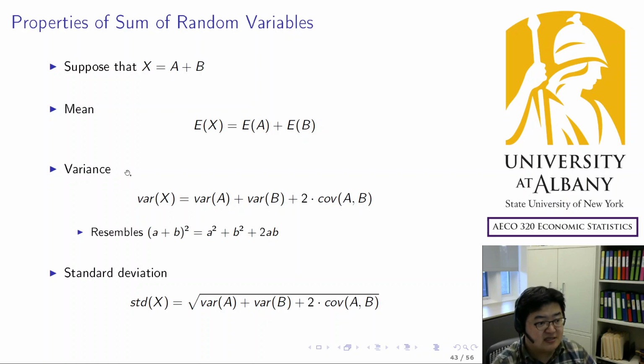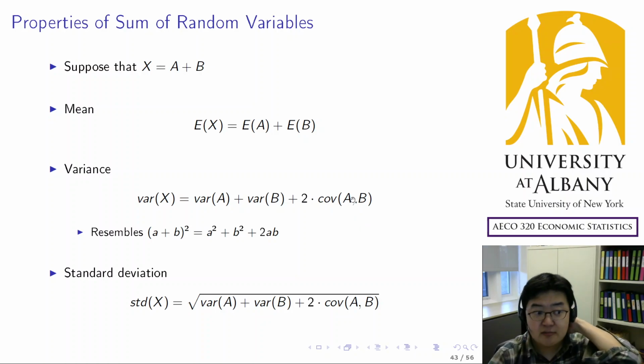But the variance is not the standard formula. The variance of X is not just the sum of variances. So the variance of a sum is not the sum of variances, but the sum of variances plus an additional covariance term, 2 times covariance.